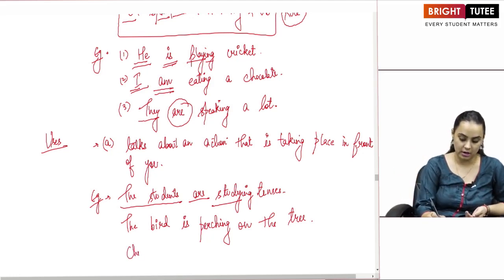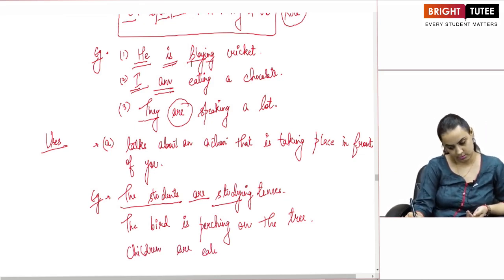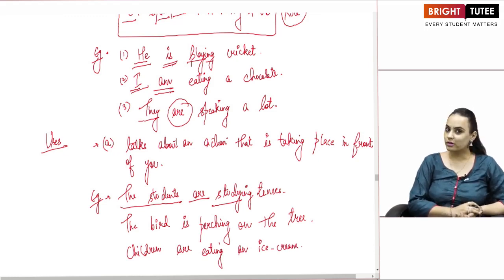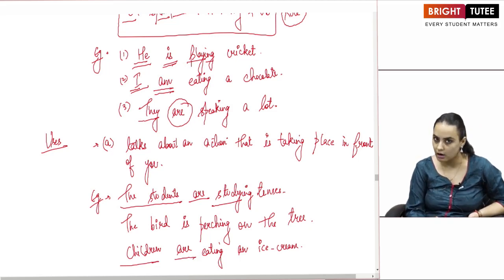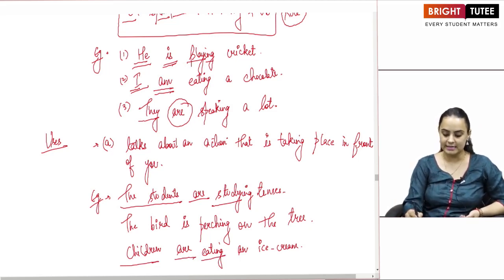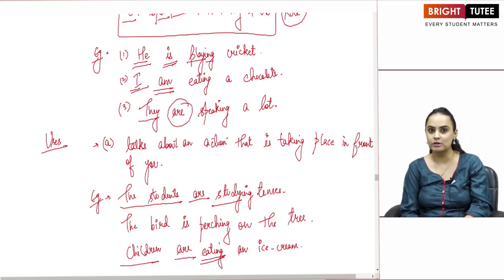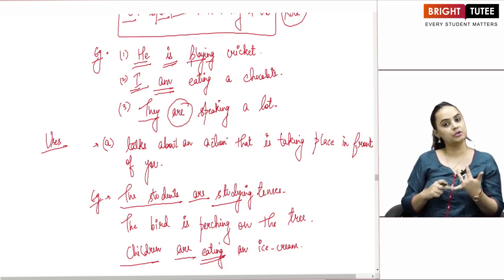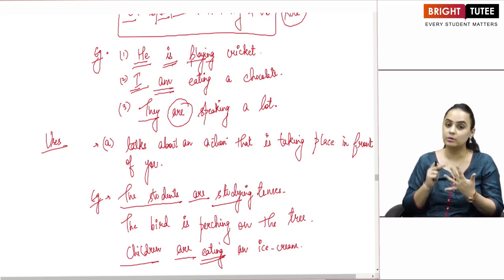If I say children are eating an ice cream. So what is my subject? Children. Since it is plural, so we use are. So children are eating an ice cream. So what is the rule of the present continuous tense? We use the subject. If the subject is singular, we use the helping verb is.